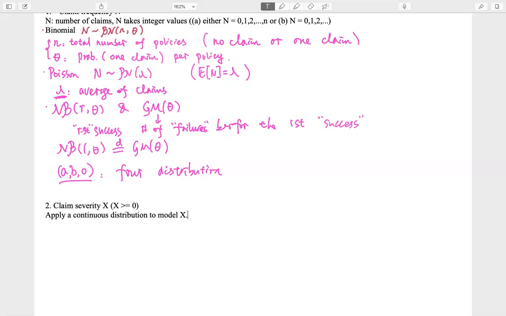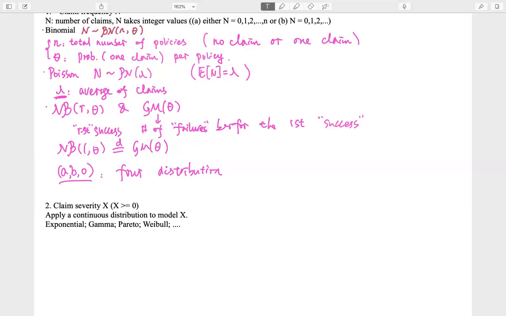There are many choices, right? The easiest one would be exponential. And we have also studied things that are more complicated, like a gamma distribution, Pareto distribution, right, and the Weibull distribution, and many more.